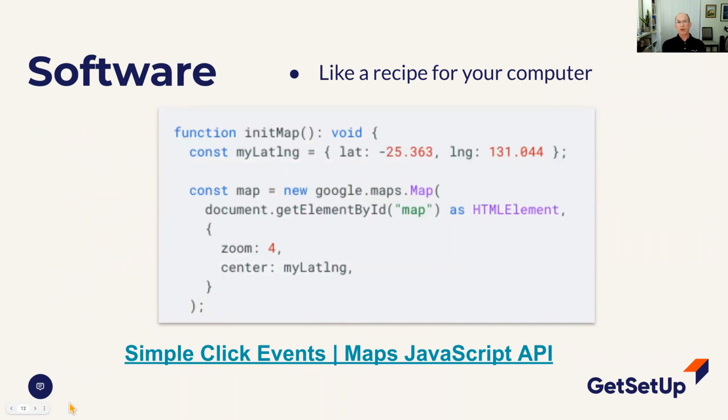You are not a programmer, but programmers basically write in a language that is understood by computer operating systems. And this is an example of a piece of software that basically will tell Google Maps where to put a dot on a Google map.